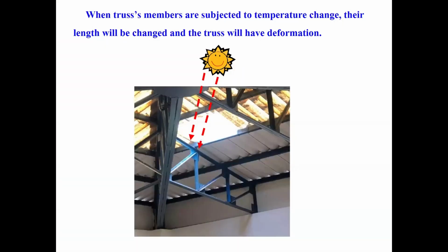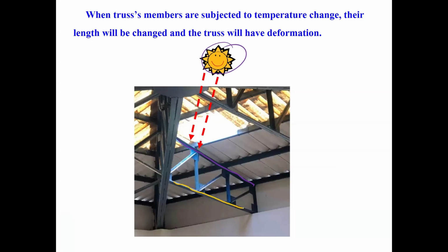Okay. We have the roof, and our roof is a transparent roof. And then there is the smiling sun. During the summer, the sunshine falls onto the roof, and then the member over here is going to be hotter, for sure, than the member on the bottom.